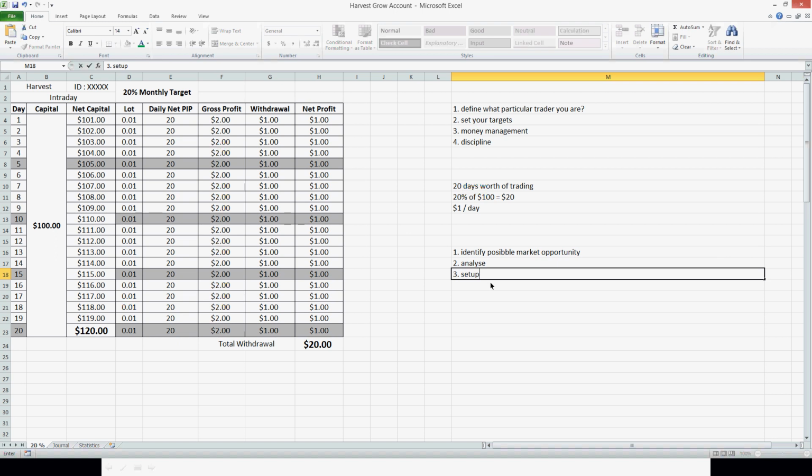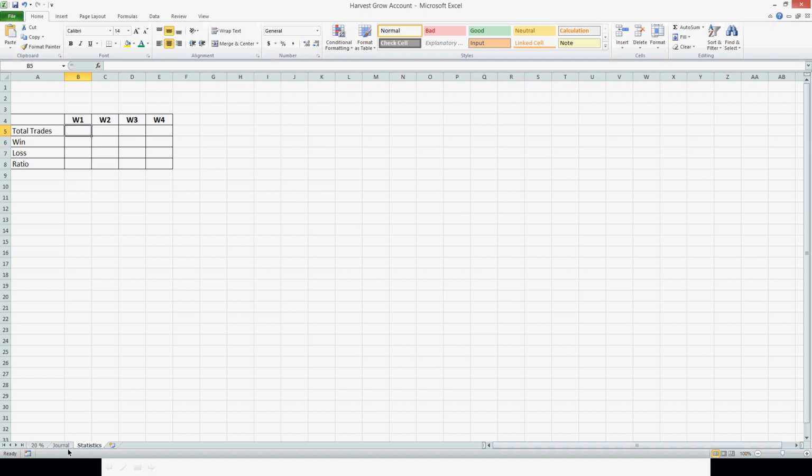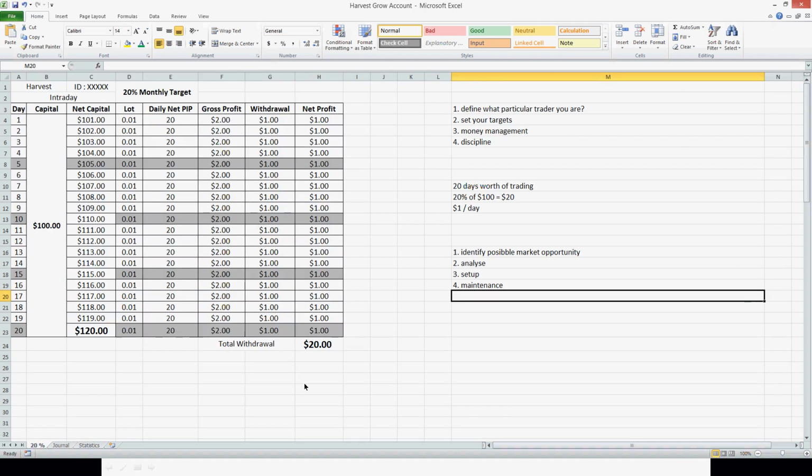The third one is you have to set yourself up for the entry. And during the entry, you have to do the maintenance. Maintenance meaning you have to set your targets up, set where your cut loss, your stop loss is, and where you should lock your profit. That's the maintenance part of it. And when the money is already rolling, then that's it. Although it might sound very simple, this is a very, very hard thing to do.